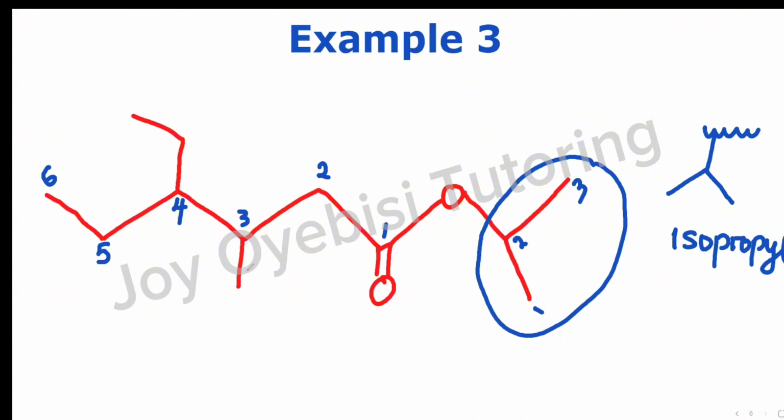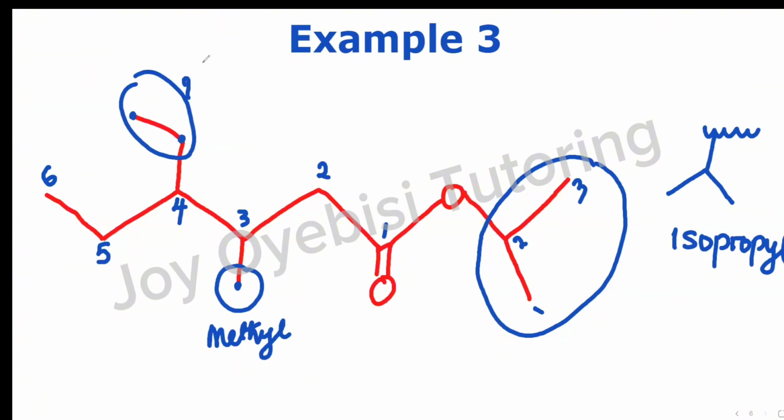So this carbon, this is 1 carbon. So 1 carbon is methyl. And then on this side, you have 1, 2, that's ethyl. Those are your branches or your substituents. Now we combine. We start with this side. Remember, when you name an ester, you start from the alkyl group attached to the single oxygen. So that will be isopropyl.